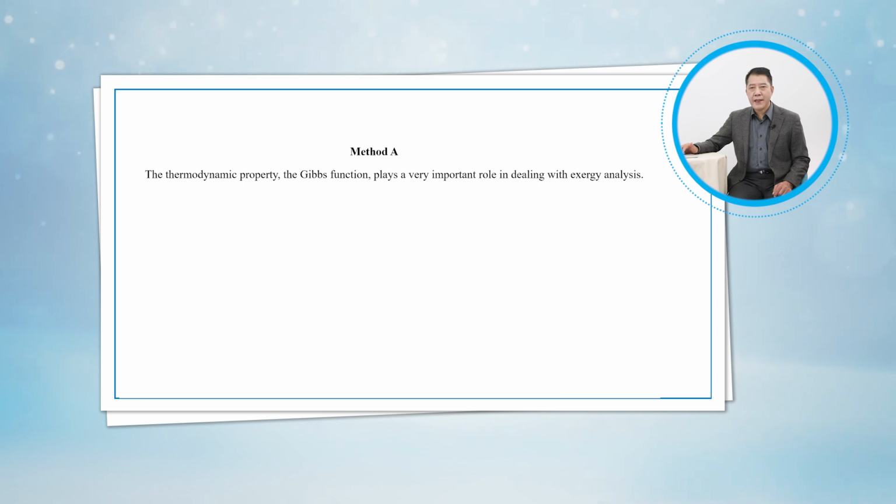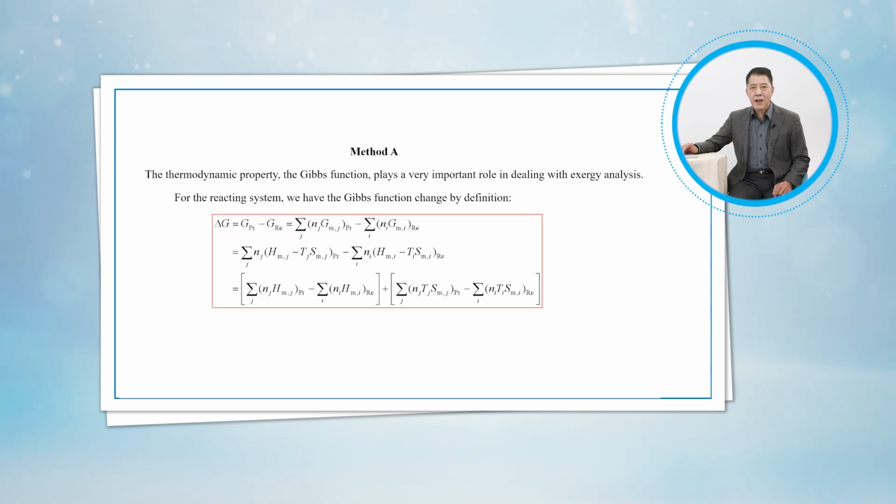There are two ways to evaluate the changes in Gibbs function. Now, let's first talk about method A. As one of the thermodynamic properties, the Gibbs function plays a very important role in dealing with exergy analysis.